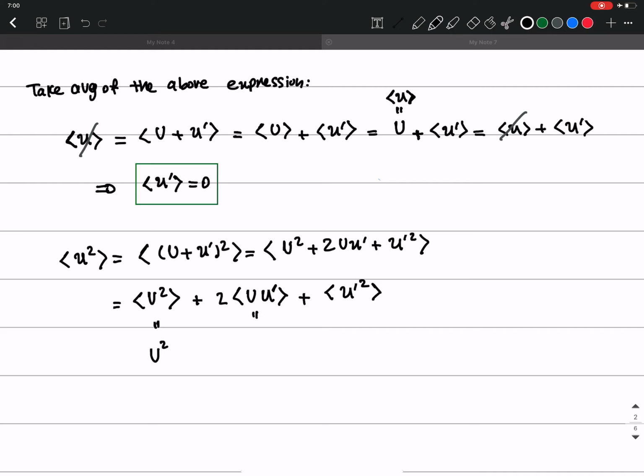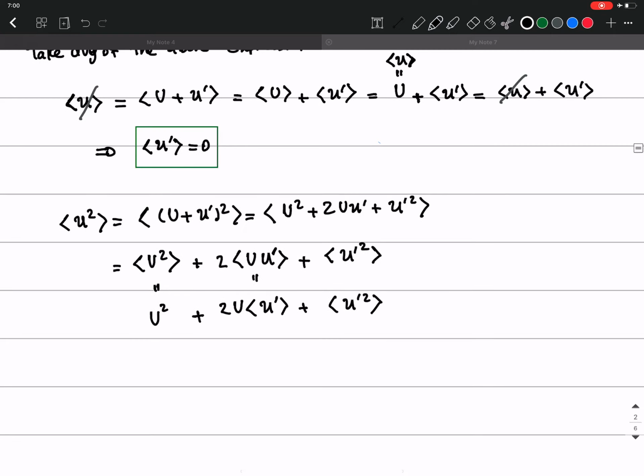And here I can take capital U out because it is just a number, so this equals 2U times the average of u prime, plus the average of u prime squared. Again, this is because the average of the average is just the average. Okay.